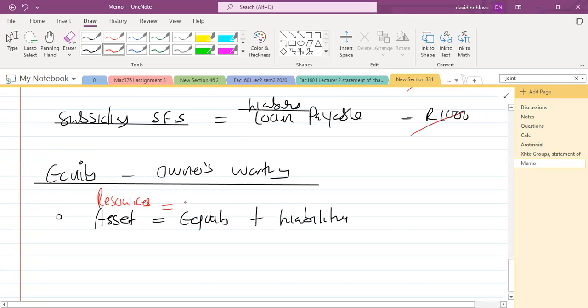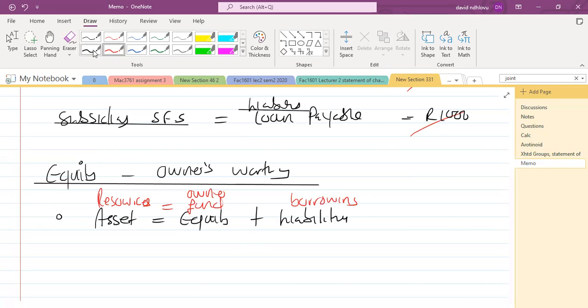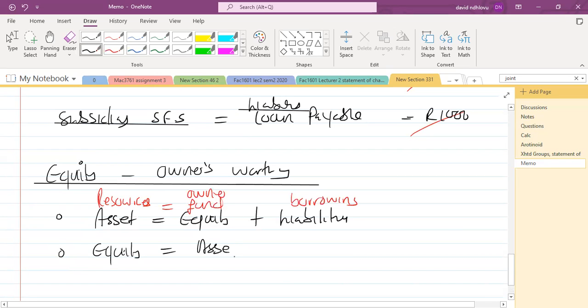These resources can be funded by the owner's own funds. If you have the money, you can use your own fund to start a business and to operate it. Or these are borrowings. So assets can be bought by using either owner's funds or the borrowings. So that therefore, we can make equity the subject of the formula by saying assets minus liabilities. So when we calculate equity, we are determining the value of the company in the hands of the owner.